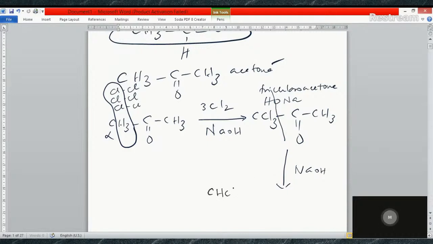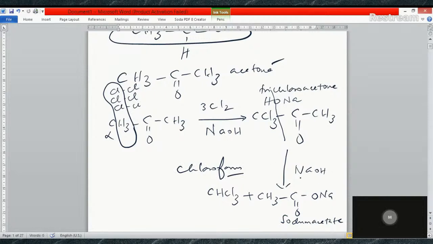So one of the compounds is chloroform, and the other will be the sodium salt of the carboxylic acid. It is called sodium acetate. So we can have two different products like this. One is chloroform, and the other one is sodium acetate. And this is the reaction called haloform reaction, easy to follow.